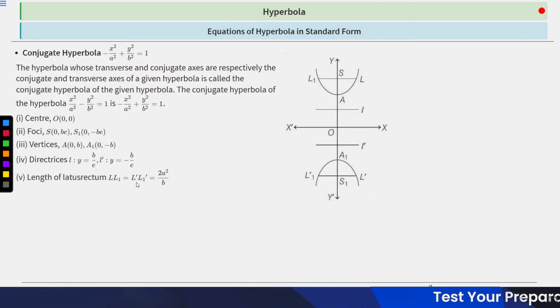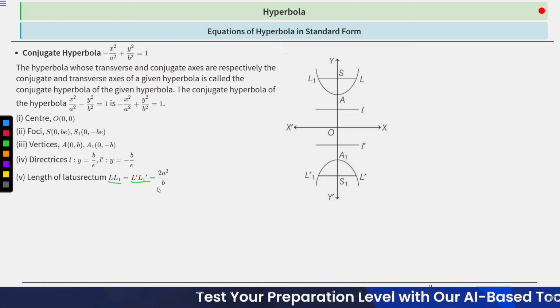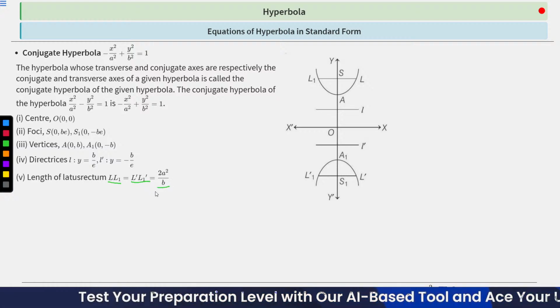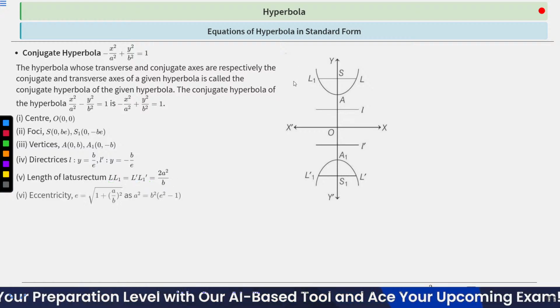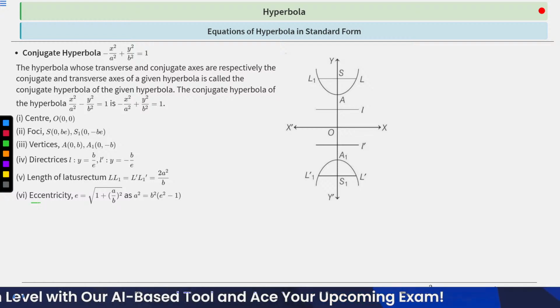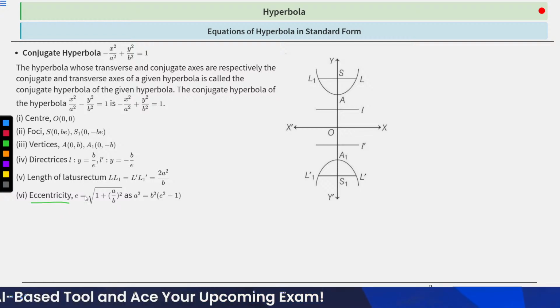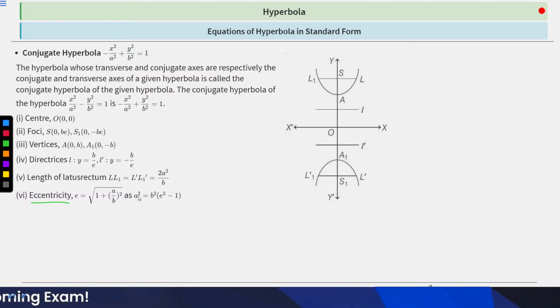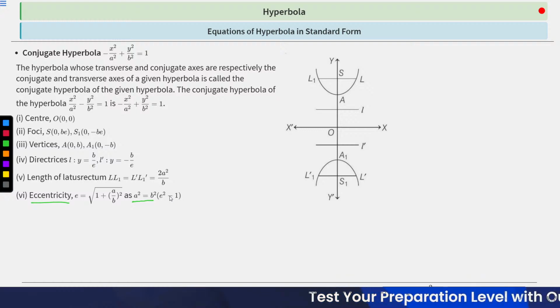Latus rectum length will be twice a square by b, and the eccentricity relationship will be e is equal to the root of 1 plus a by b whole square, or in other words a square is equal to b square times e square minus 1.